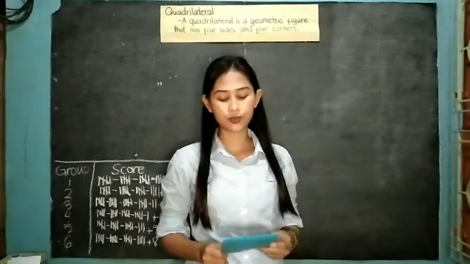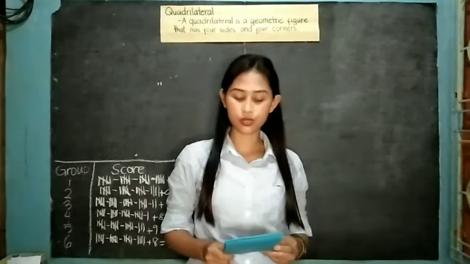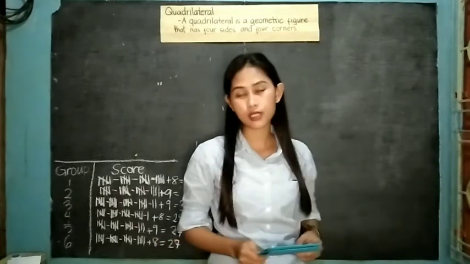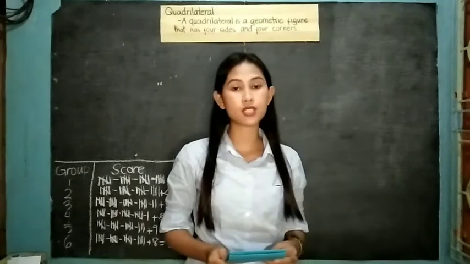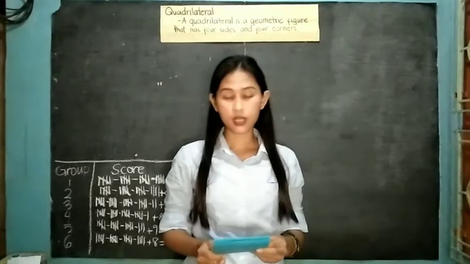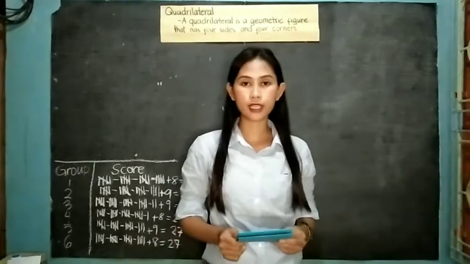Test 2. Identify if the statement is true or false. Write T if the statement is true. Write F if the statement is false. Number 1. A rectangle is a parallelogram.